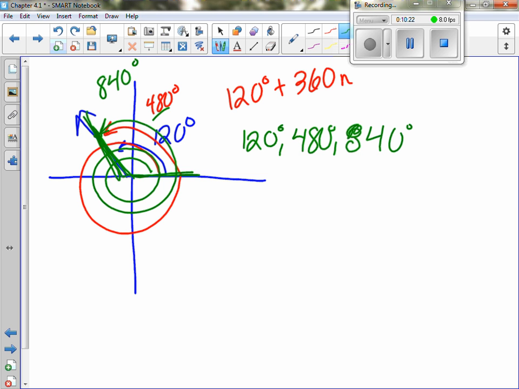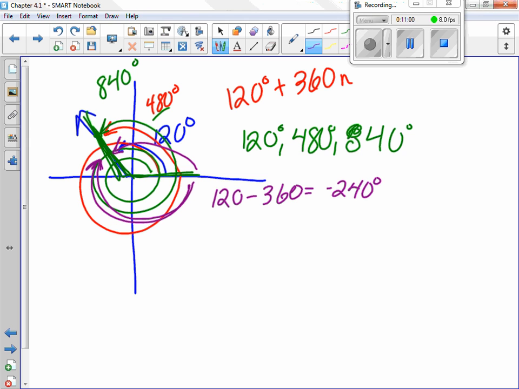Does that make sense? Now, we don't have to go that direction. I could also go, and again, since I'm going clockwise, this would be negative. So really what I'm looking at is 120 minus, because in this direction I went how far? 120 degrees.